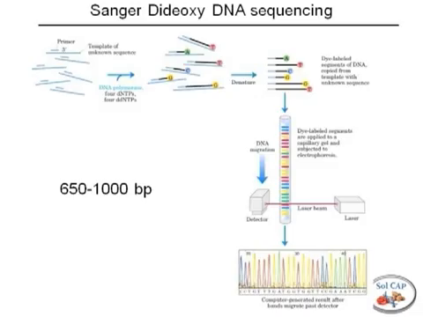Where it ends is random, and because it ends at different places, you get a sequence when you run that through a capillary gel. You get about 650 to 1,000 base pairs in a given run or read.